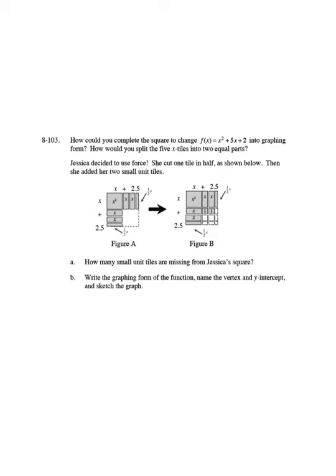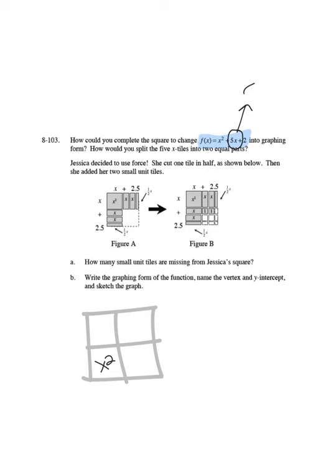I'll do one more quick example of complete the square. This time, the equation is x squared plus 5x plus 2. So if we start making the rectangle, we're going to put x squared in the corner. We have this 5x that we have to split in half. And we can do that. 5 divided by 2 is 2.5.